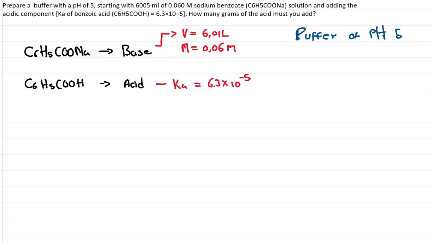So the first thing that we have to do first is to find the ratio of the concentration of base to acid. So how do we do that?